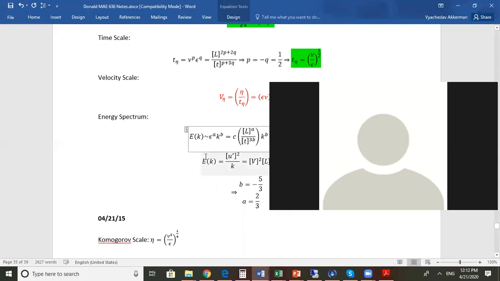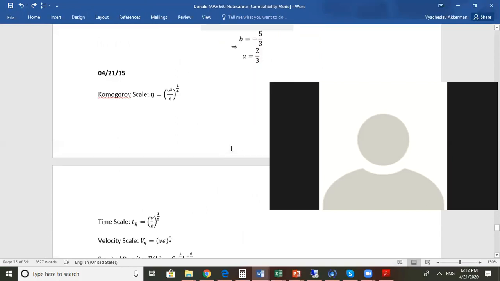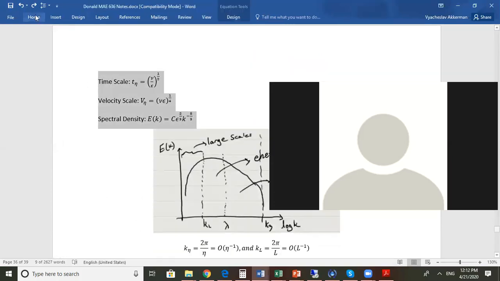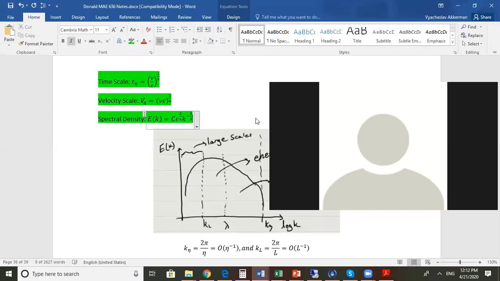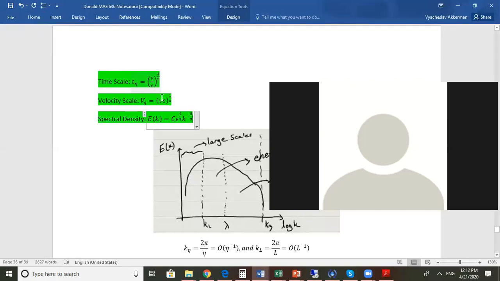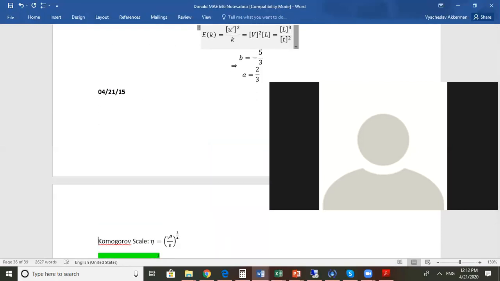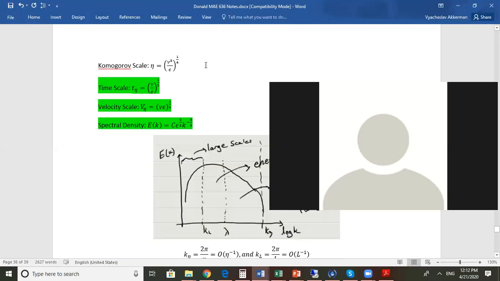He looked for this solution and found what A and B should be: B should be minus 5 over 3, alpha is 2 over 3. This allows him to come to the classical formula. So these are the outputs of the Kolmogorov theory: this is Kolmogorov time, this is the characteristic velocity, and this is the Kolmogorov scale.